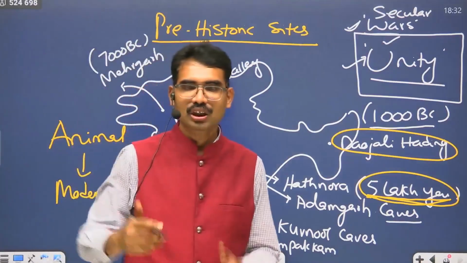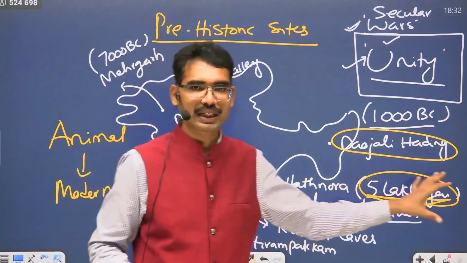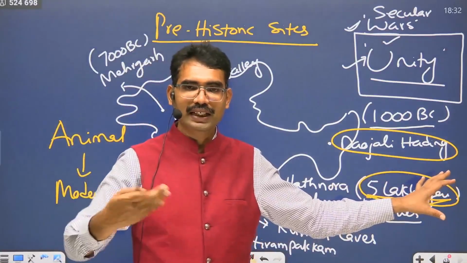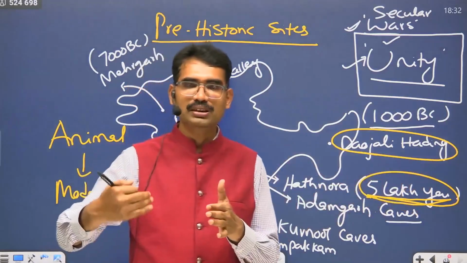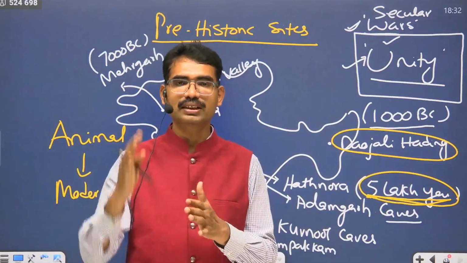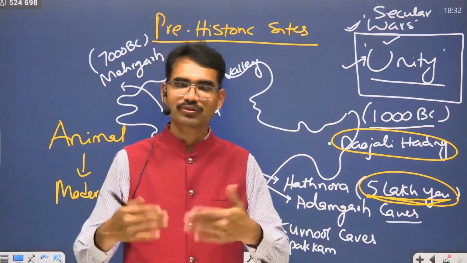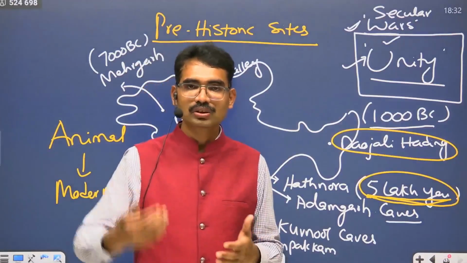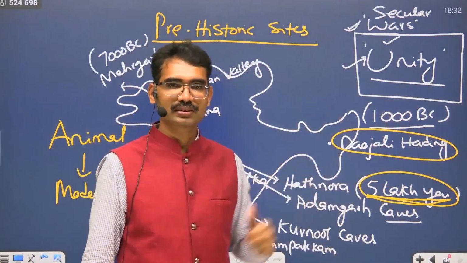In fact, humans started walking on 2 legs around this time period. Around 10 lakh, 5 lakh, 15 lakh years ago, people started moving on 2 legs. That means people started walking straight. Before that, people were walking on 4 legs like animals. So biological evolution also changed over these many years.